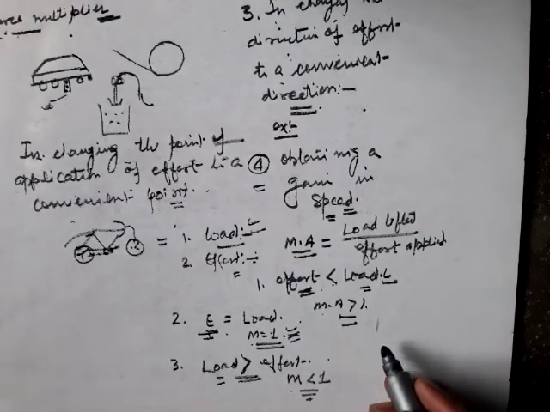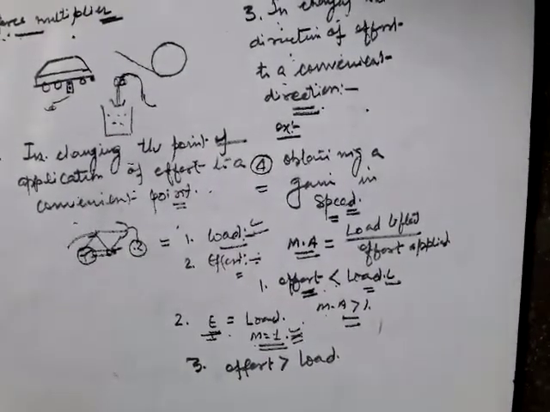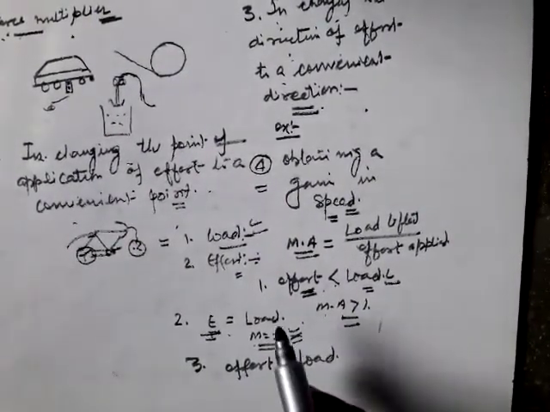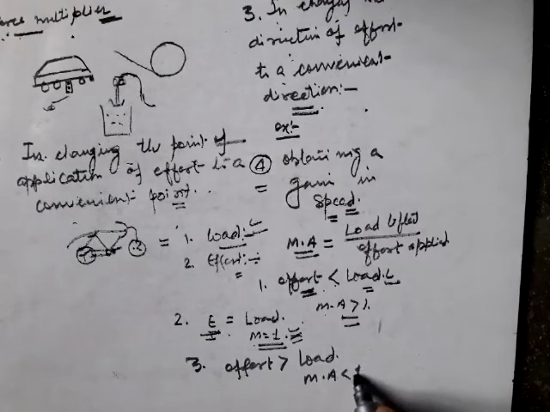With the hockey stick, the player applies a larger effort, or we can say load, in this case. Here the third point we have discussed, that effort is greater than load. In this case mechanical advantage is less than 1. This is the third point.